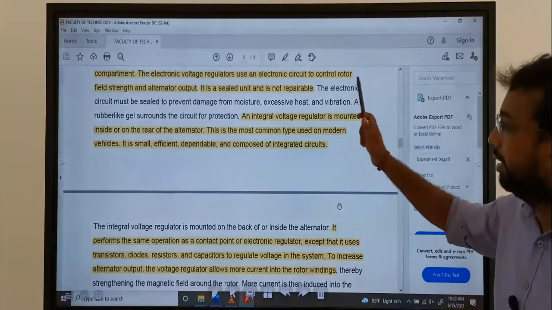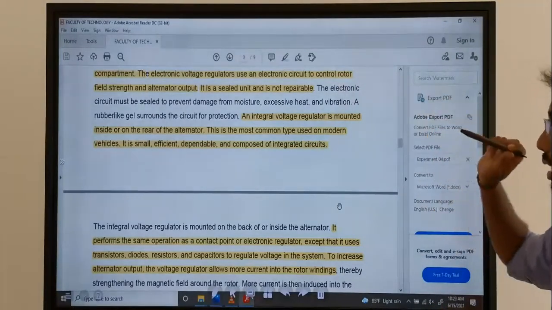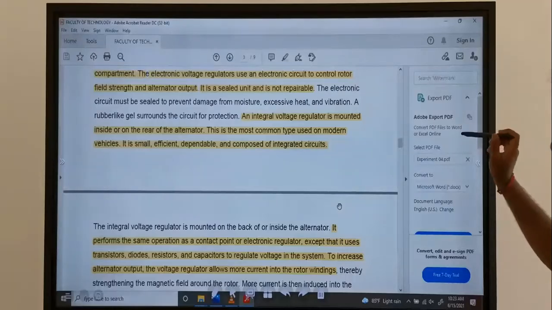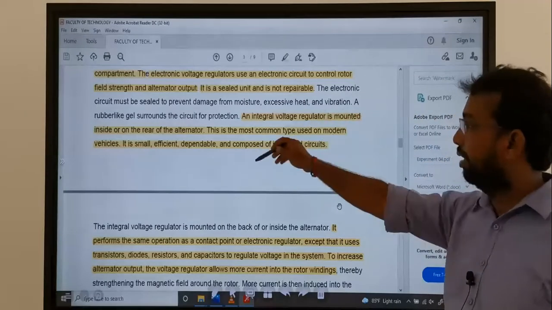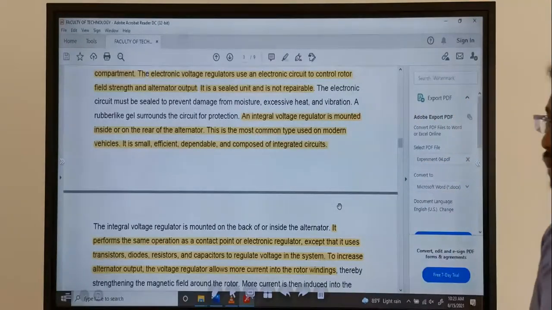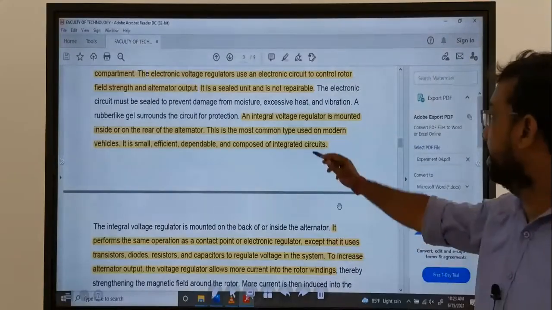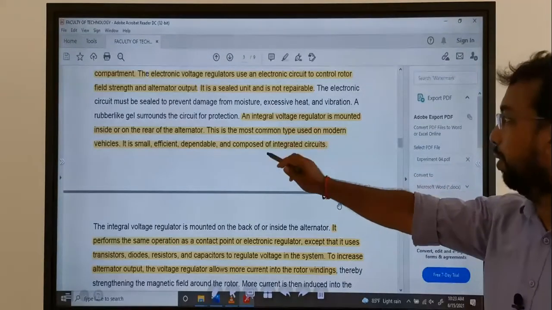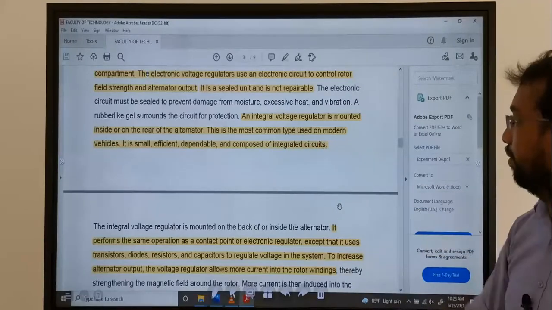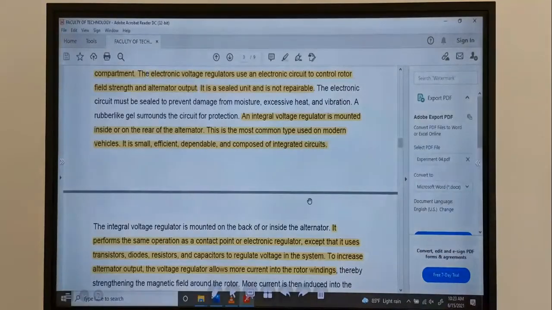This is mounted inside the rear of the alternator, as in the animation. This is the most common type used in modern vehicles, and it's small, efficient, dependable, and composed of integrated circuits.